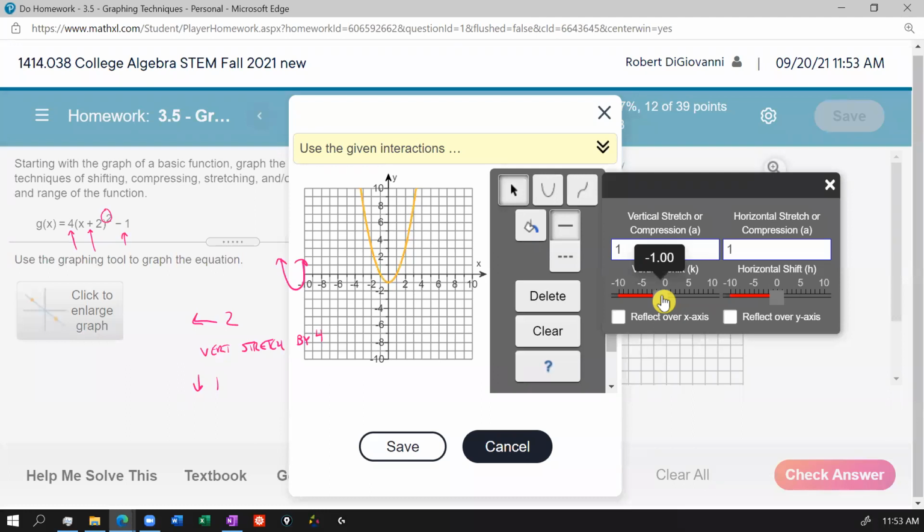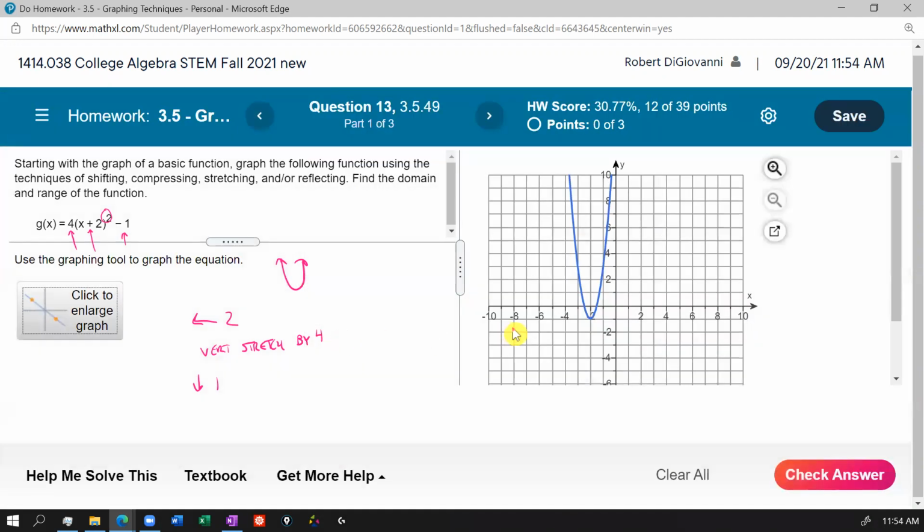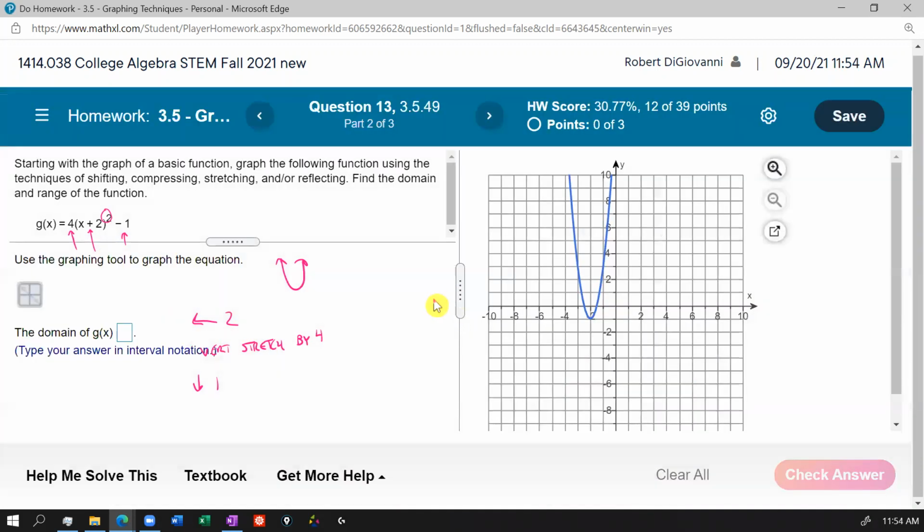So we want it down 1. Want it to the left 2, so there. And then we want it to be scaled here by 4. I'll click into that box. Left 2, down 1. Let's save that. It's been moved left 2, down 1, and stretched out. It's tricky.